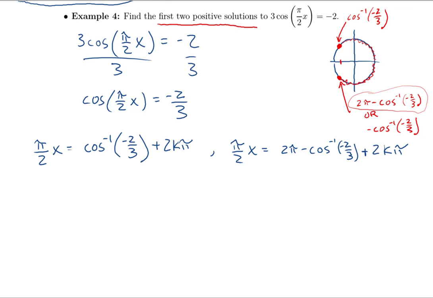And we know in both cases we've got to multiply by 2 over pi to get x all by itself.